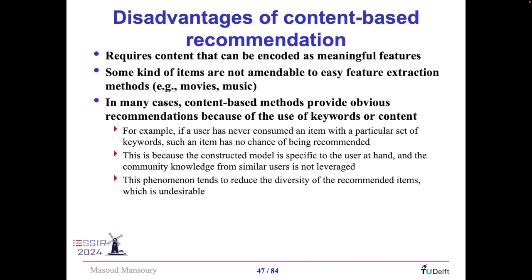Why don't we need to collect the user interaction data? About the taste of the user, we need to know about his history. Yeah, we need to collect the data. Good question. Here we did not say it's effective for new users. For new users, you're right.